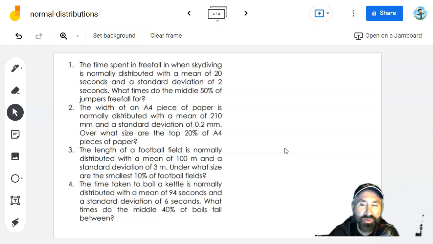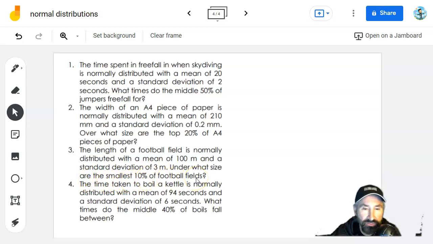Football fields from end zone to end zone are 100 yards. It's possible that if you include the end zones that it's 100 meters. Maybe we got to do a little double checking on that. Anyways, the standard deviation is 3 meters. Under what size are the smallest 10% of football fields?